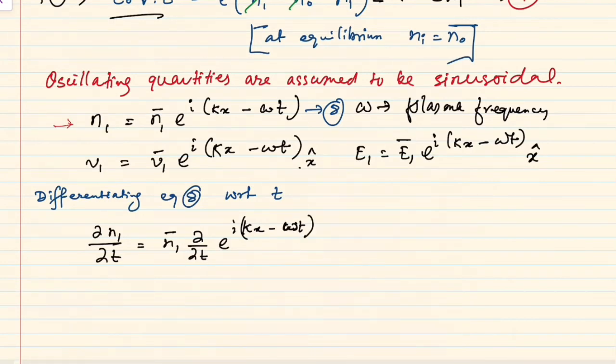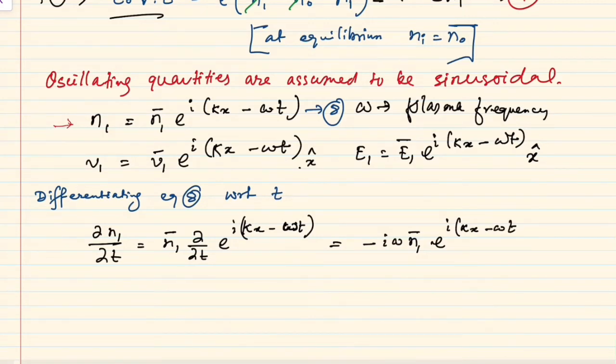If you differentiate it, then what you will get? Minus i omega, n1 bar, then e to the power i(kx minus omega t).